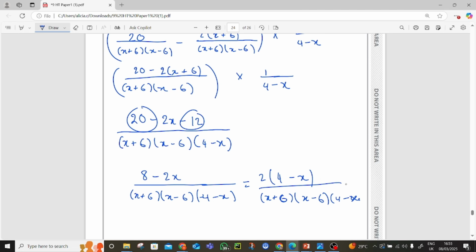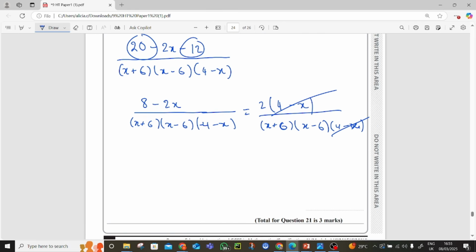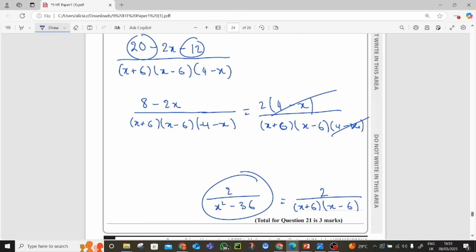Now you can see that this is going to simplify with this, and so we are left with 2 over (x plus 6)(x minus 6). You can write it like that, or you could have expanded those brackets. This is 2 over x squared minus 36, which arguably is the simpler of the two, but the mark scheme does allow either of those answers.